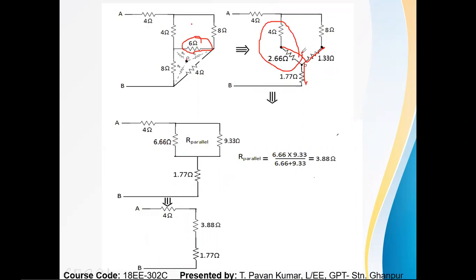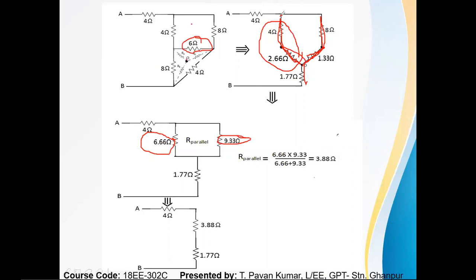After adding the values of my star connection, 2.66, 1.33 and 1.7, the same current is traveling through this complete branch. Hence I am going to add these two resistances: one is 4 ohms and one is 2.66, then it will be 6.66. This is also series, because the same current is traveling through this entire branch. Then 8 plus 1.33 becomes 9.33.